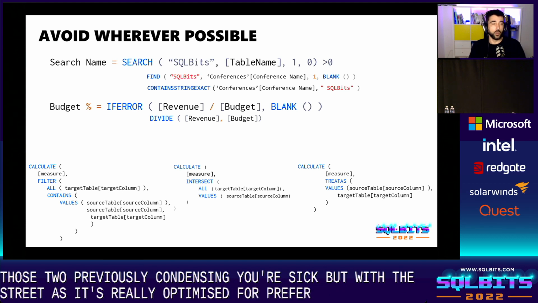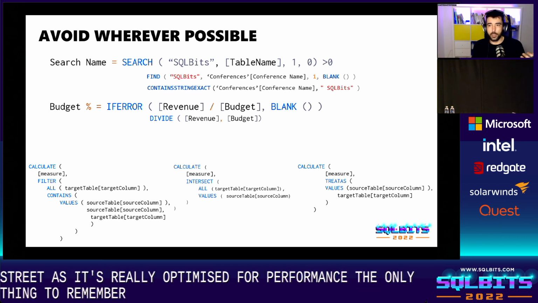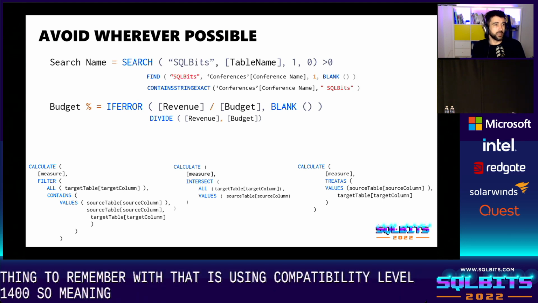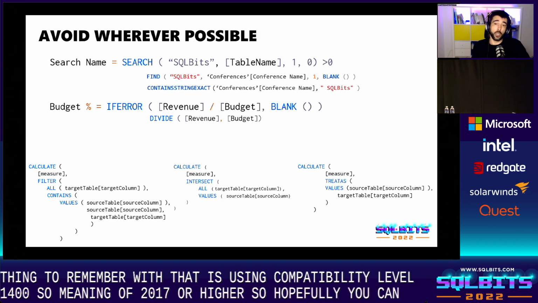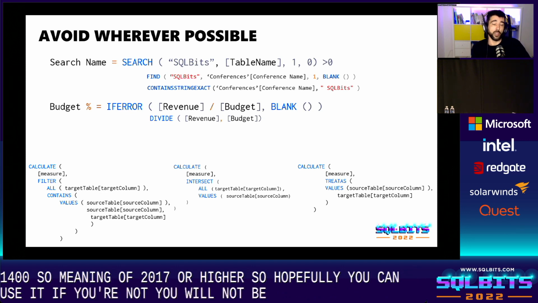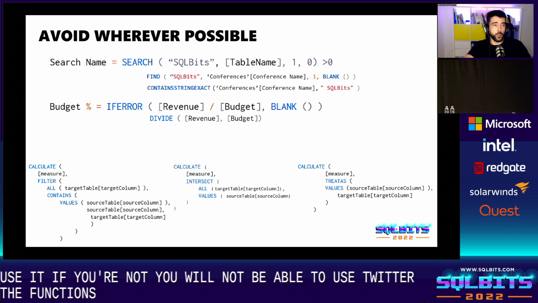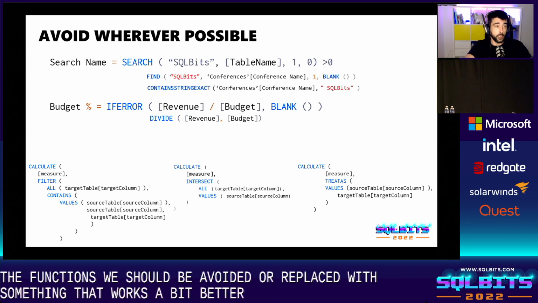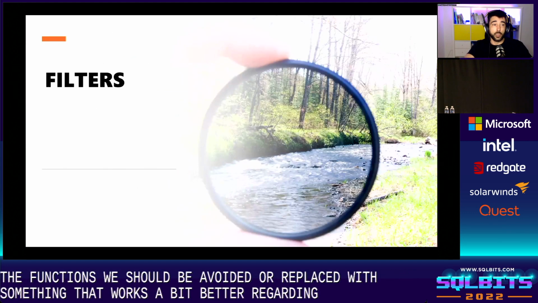The only thing you need to remember with treat_as is that it's using compatibility level 1400, meaning SQL 2017 or higher. So hopefully you are above that and you can use it. If you're not, you will not be able to use treat_as. So those are the functions which should be avoided or replaced with something that works a bit better regarding performance.